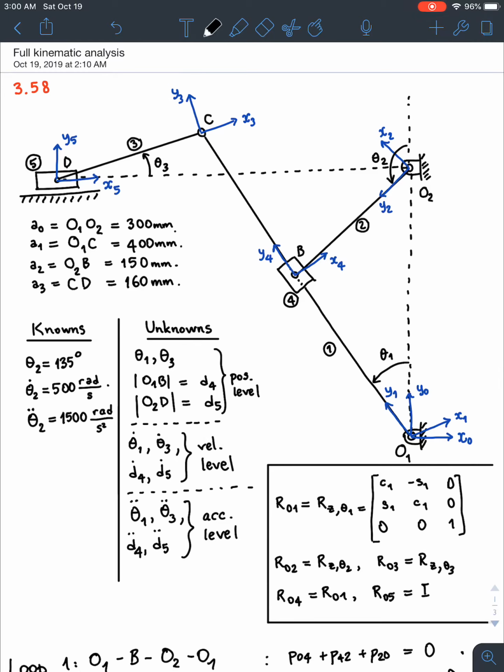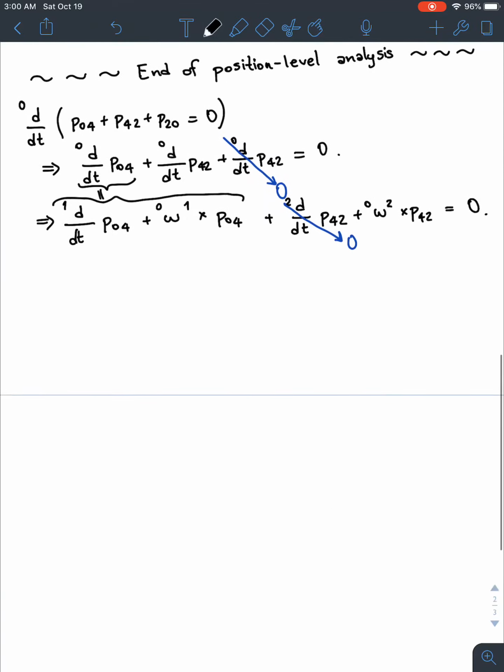That has length D4, and its direction is Y1. D4 is a variable, of course. Yes, D4 is its magnitude, Y1 is its direction.